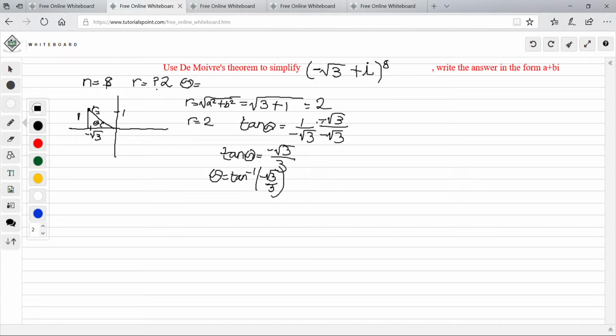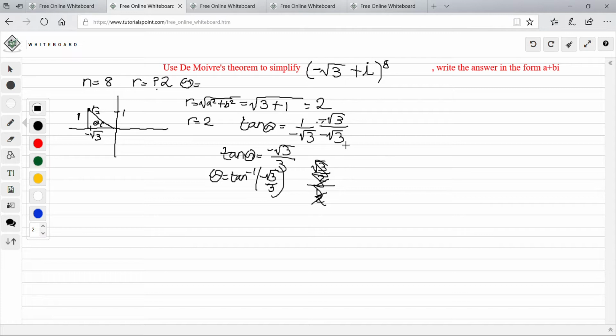I know it's in quadrant 2. I know that pi over 3 has a sine of √3 over 2 and a cosine of 1/2. Sorry, I meant pi over 6.